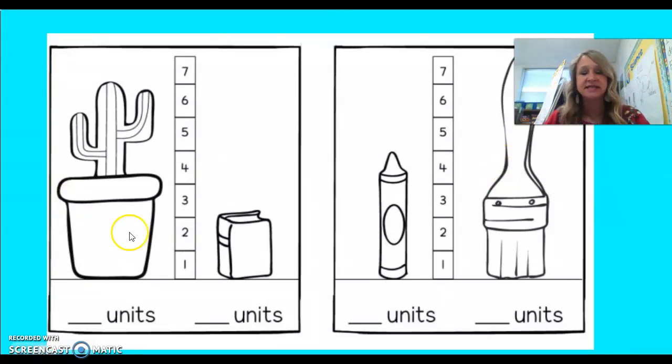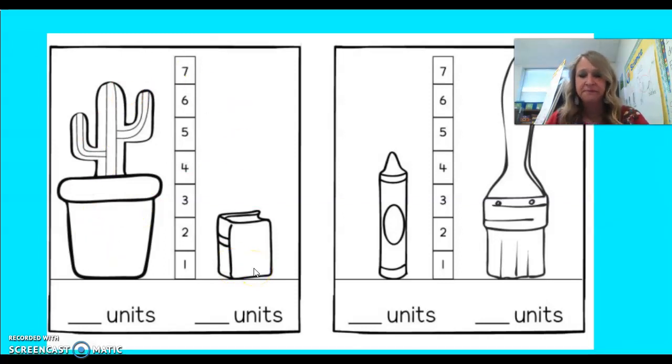All right, how about this cactus? How tall is this cactus? 1, 2, 3, 4, 5, 6. 6 units. What about the book? The book is only 2 units tall. Which one is taller? The cactus. Which one is shorter? The book.